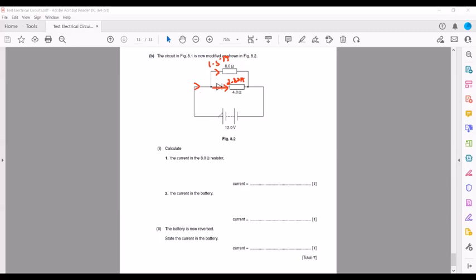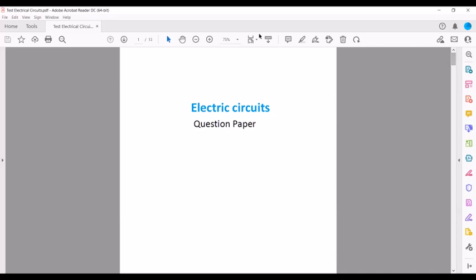The total current divides between the two branches, so it will be the sum of 1.5 plus 2.8, which equals 4.3 amperes. So this will be 4.3 amperes. So this was the last week's test related to electrical circuits.